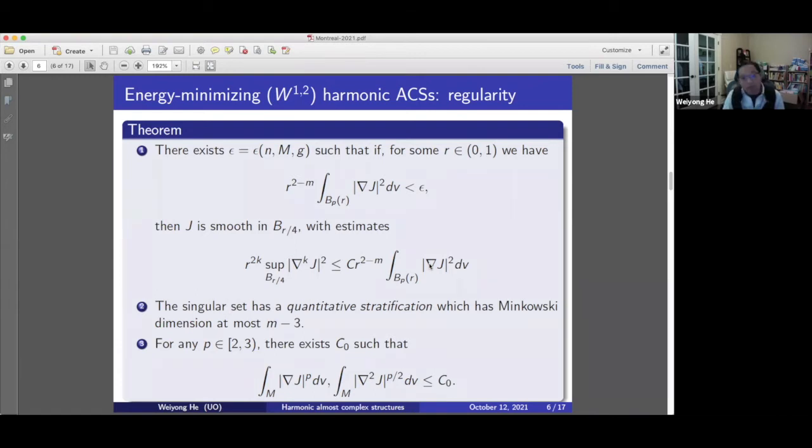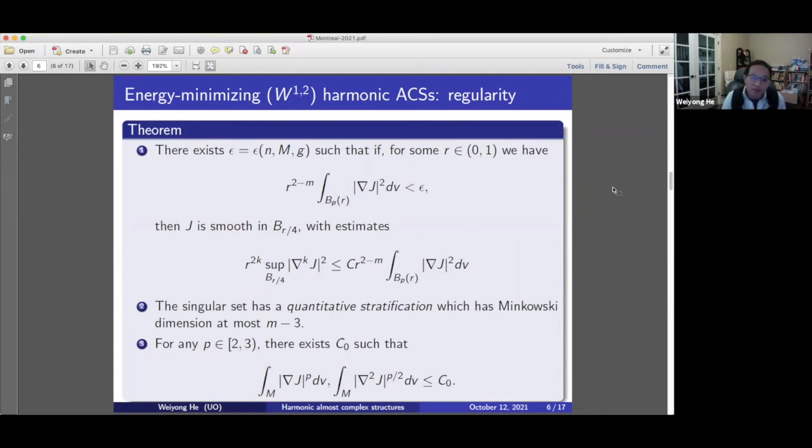But I think one cannot really improve this, because there are lots of examples of this type, and we have some examples also. One can be more precise about this singular set. There is a quantitative stratification due to the consideration of the singularities at the tangent cone.